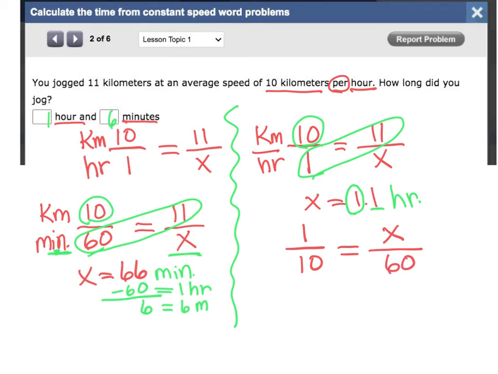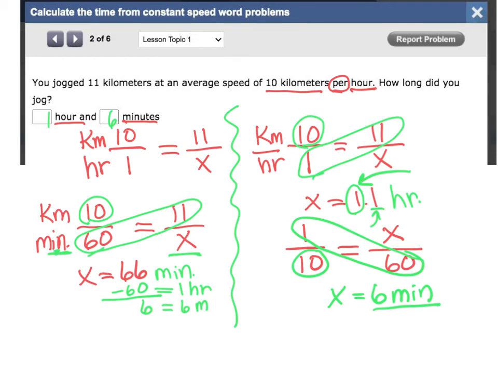When we cross multiply and divide, 60 divided by 10, we get x equals 6. So there you can see I've got my 1 hour from the very beginning, and this 1/10 of an hour is equal to 6 minutes. So my answer would be 1 hour and 6 minutes.